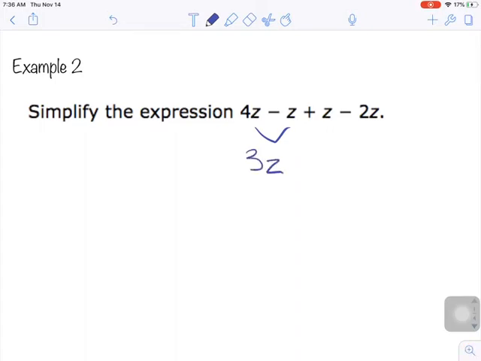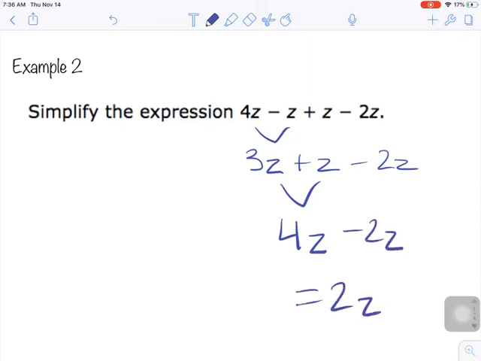So we have 3z. And then I'm just going to write all the rest of it out just so we don't get confused. So next comes addition. 3 plus 1 is 4. So we have 4z minus 2z, which is 2z. So that would be our simplified expression there.